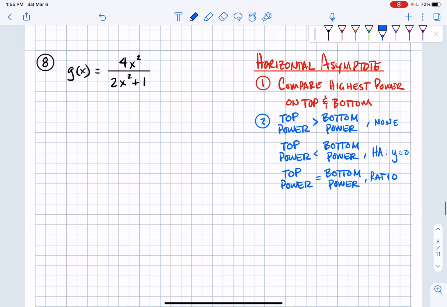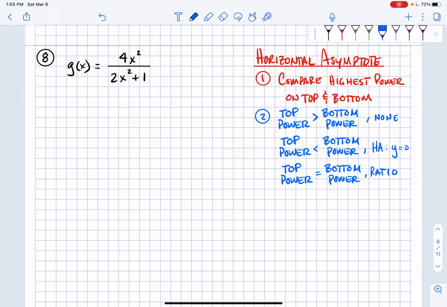All right, number 8, horizontal asymptote. So first step is to compare the highest power on the top and bottom. The highest power on top is the 4x squared, and the highest power on the bottom is 2x squared. So that's what I'm comparing. So question is, is the top power larger than the bottom power?